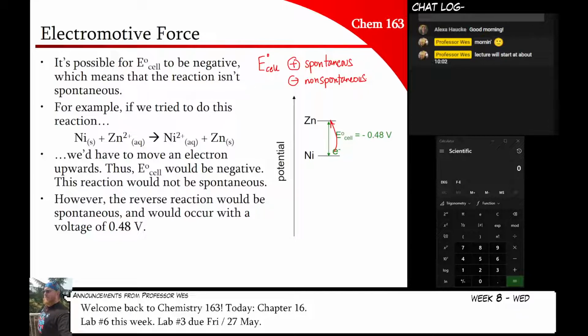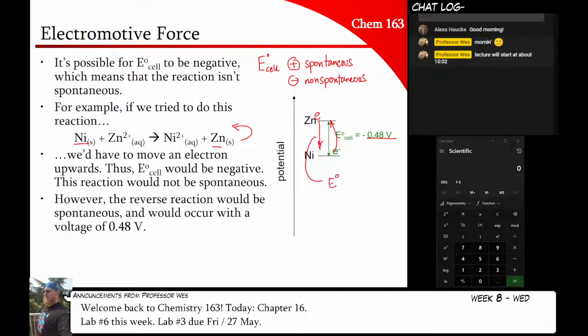Alright. Now, if I do this reaction shown right here, where I have nickel giving its electrons to zinc, this would be my voltage. But if I were to reverse the reaction, then the voltage that we would see would just be this process right here.